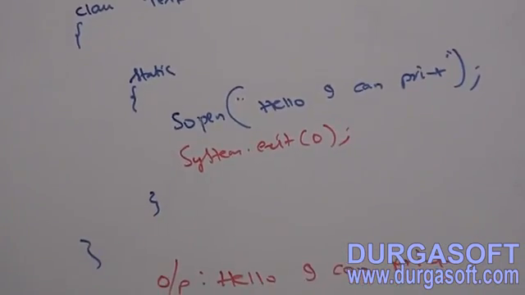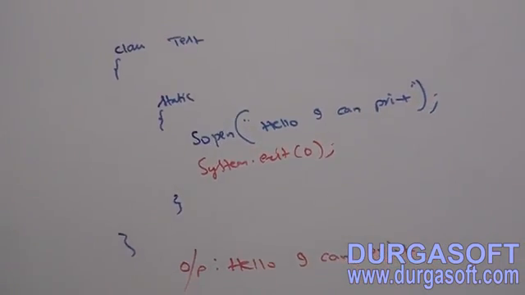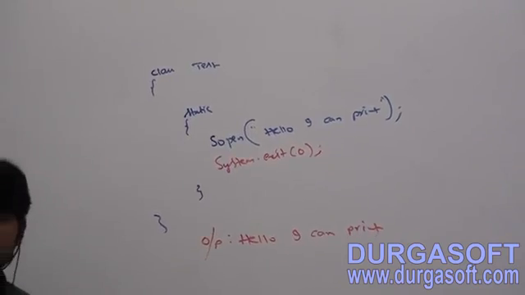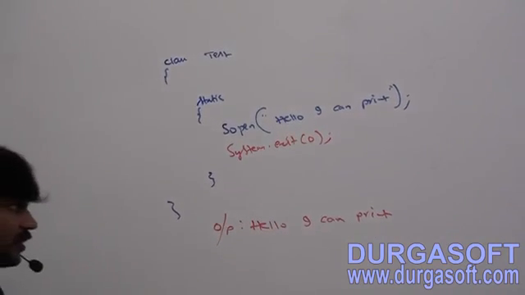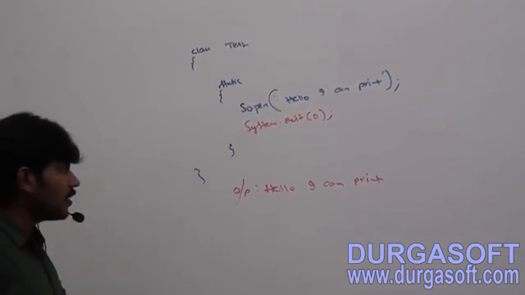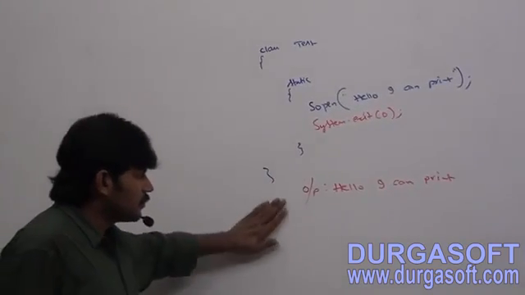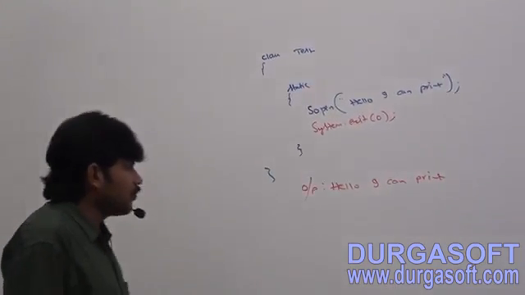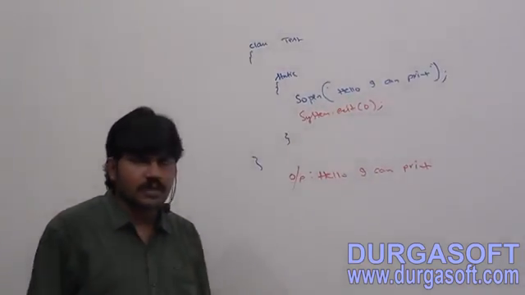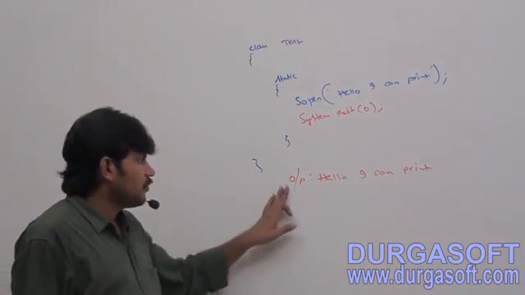Take this example. Class Test, static block, print "Hello I can print", System.exit(0). What is the output?